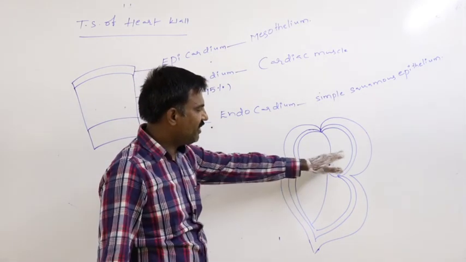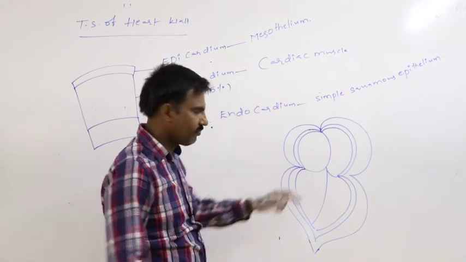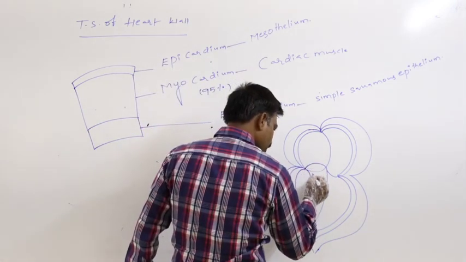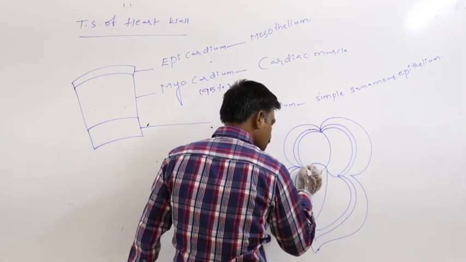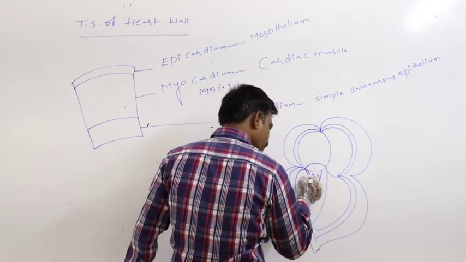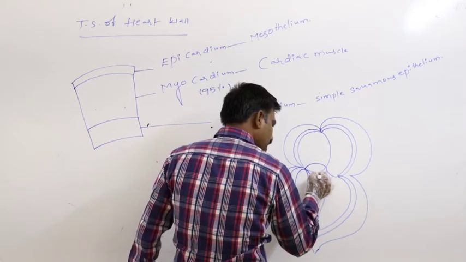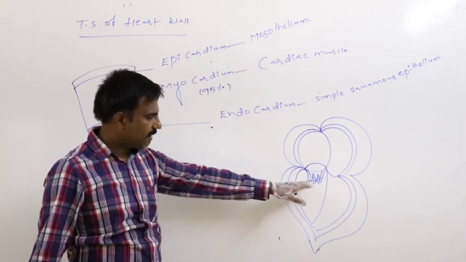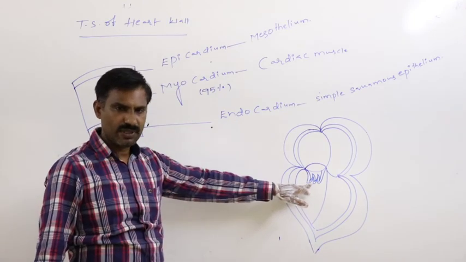Endocardium covers the cavities of the heart chambers and also covers valves, like this. This is the tricuspid valve.